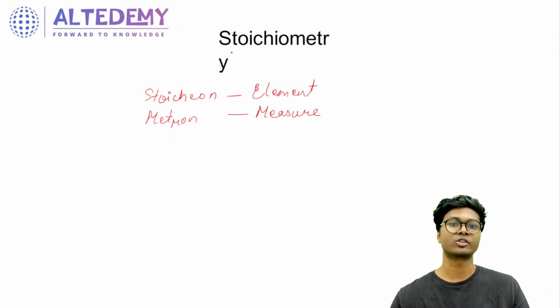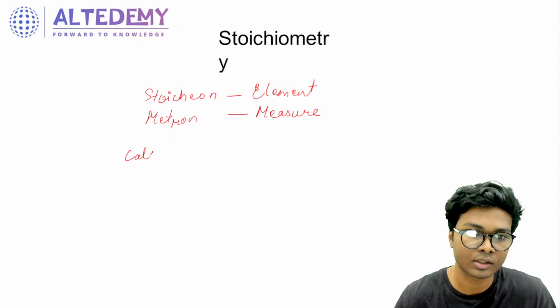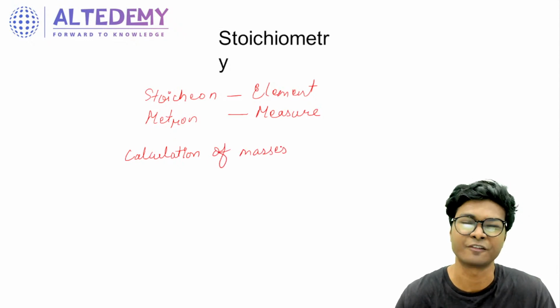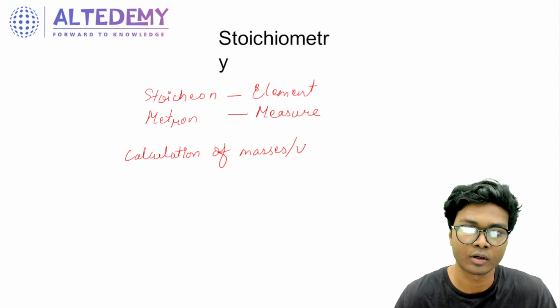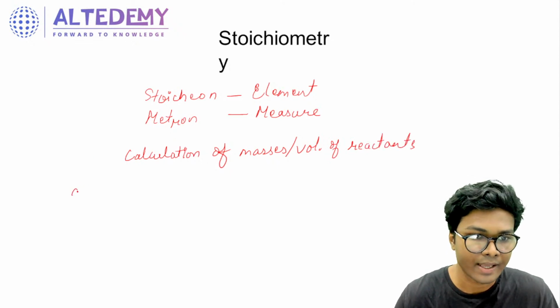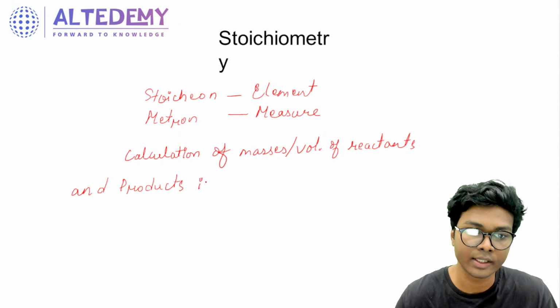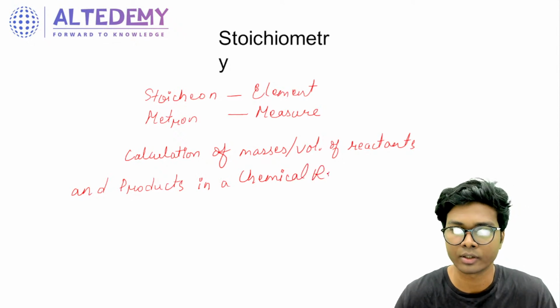So what stoichiometry is? So basically, stoichiometry is the calculation of masses and also sometimes volumes, calculations of masses or volumes of reactants and products in a chemical reaction.